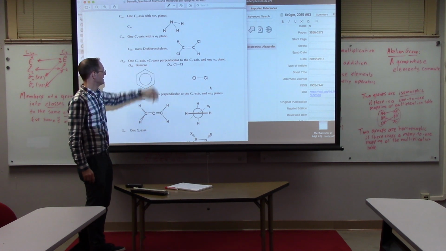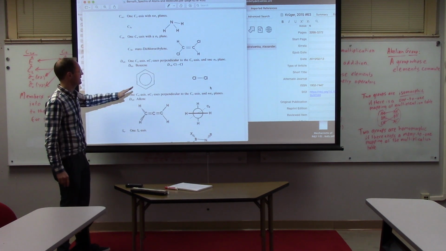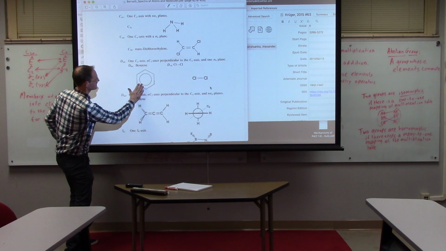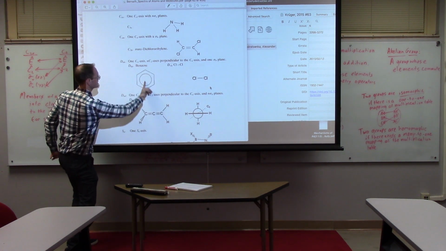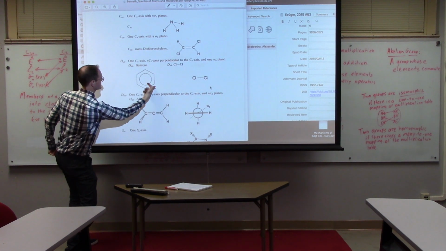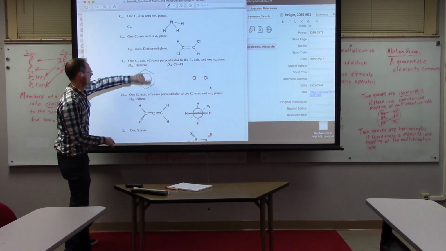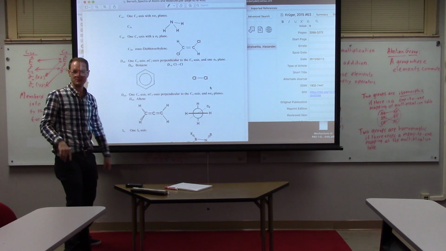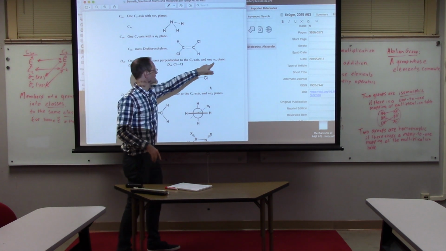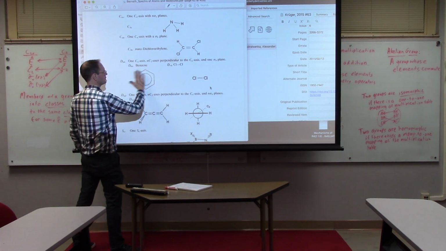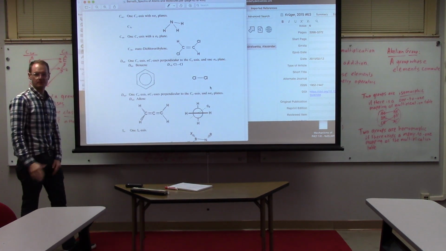It has n different C2 axes that are perpendicular to that, so you can rotate 180 degrees about this axis, this axis here, this axis here, etc. There are 6 of those possible axes. And it has one sigma h plane, so there's a plane of reflection in the plane of the board.